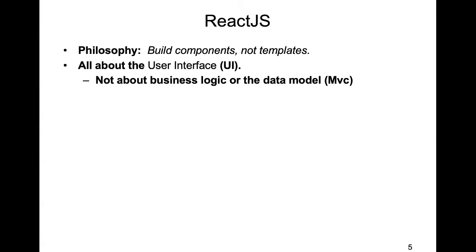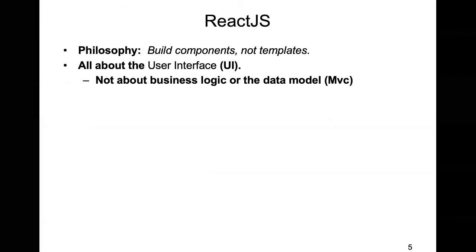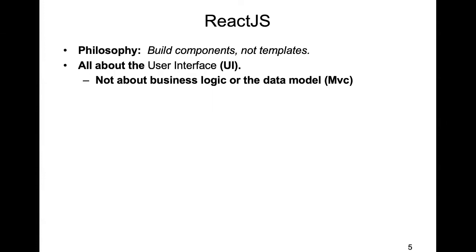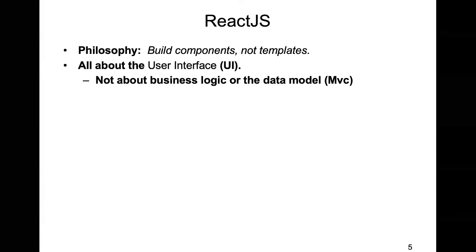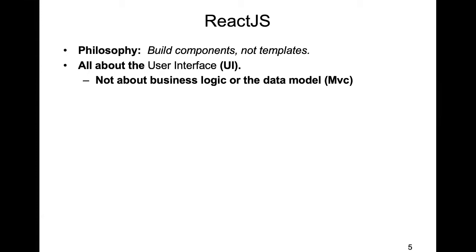You would have to use another library to manage the M part of your application. Now, that story has actually slightly changed. Originally in 2012, they didn't concern themselves at all with the M part, and you had to use a third-party library to code up the M part, whereas now they're kind of extending React into that area, and you'll see what I mean by that later on.